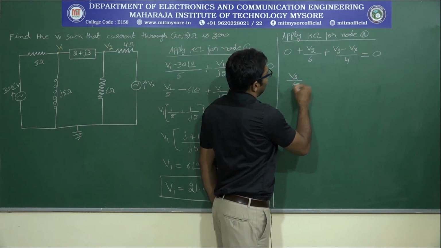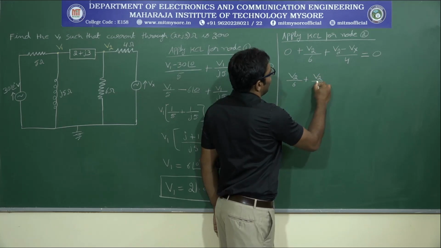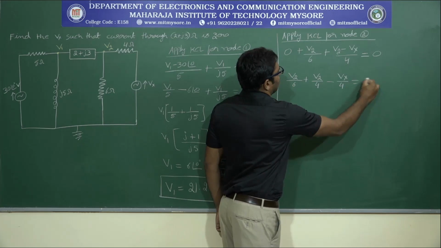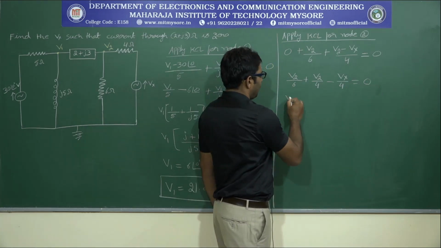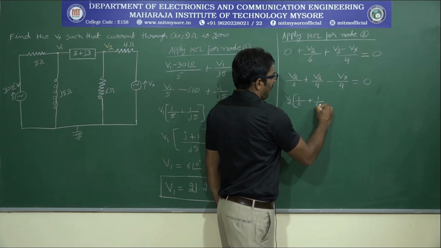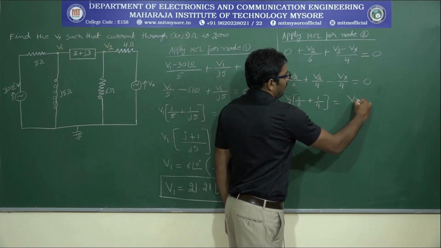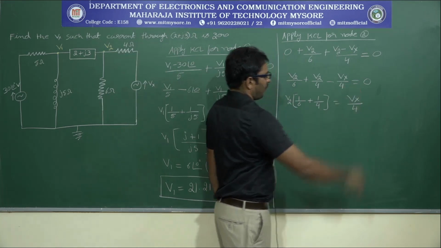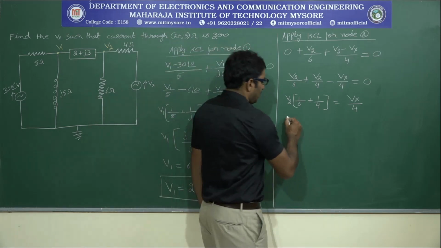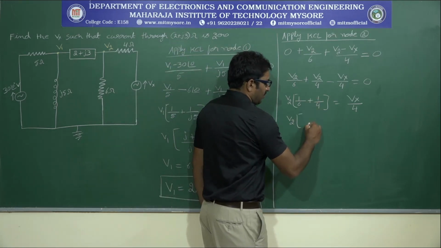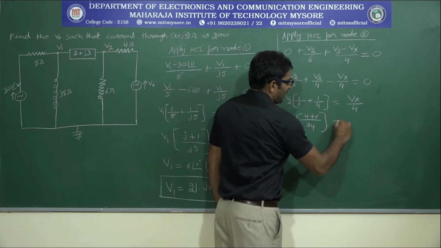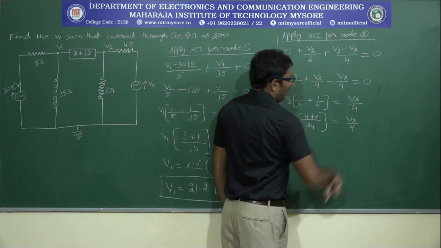V2 by 6 plus V2 by 4 minus Vx by 4 is equal to 0. V2 has a common factor: (1 by 6 plus 1 by 4) is equal to Vx by 4. Next, V2 into LCM, let me write 24: (4 plus 6) is equal to Vx by 4.